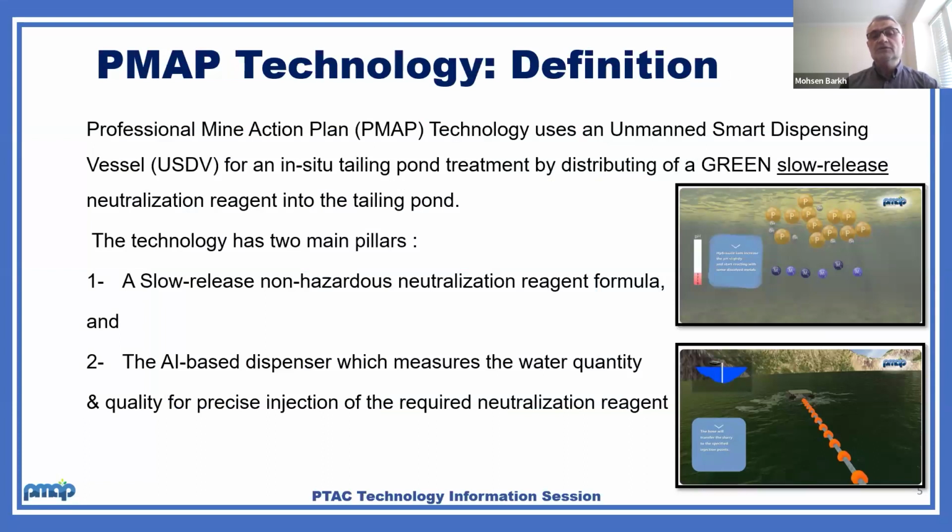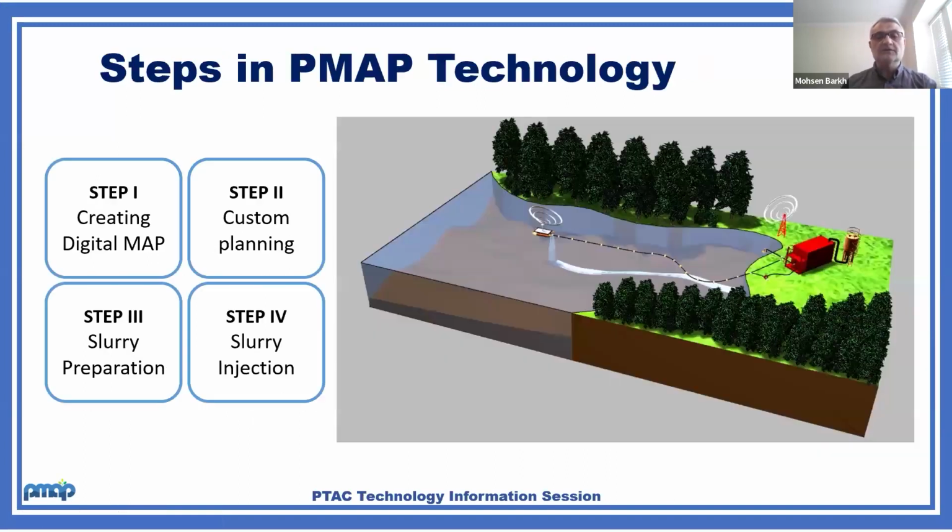One is the slow-release, non-hazardous neutralization reagent formula that we use. The second is the AI-based dispenser, which measures water quality and quantity online for the precise injection of the required neutralization reagent. There are two short animations about that, and if we have time, I will show them at the end of my presentation.